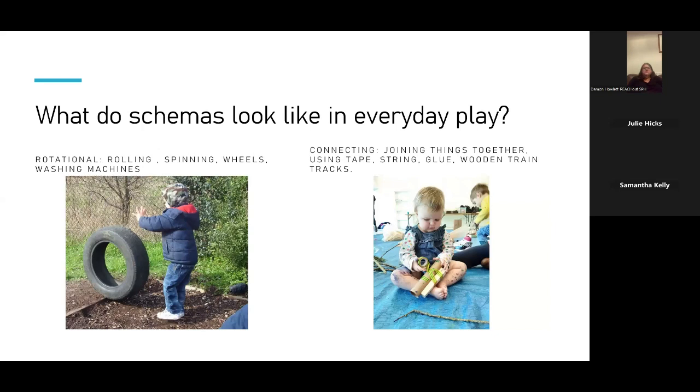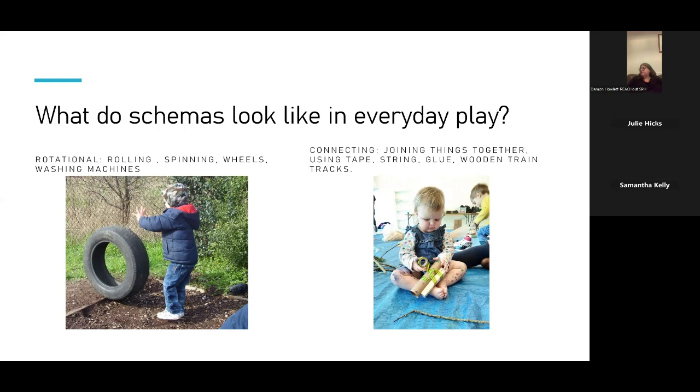Rotational. Here we're thinking about rolling, spinning, watching washing machines go round. Very young children especially really love that, don't they? But also themselves, not just objects. So that could be going on those swings called bird's nest swings that you get at the parks. You get several children on them and they spin round.